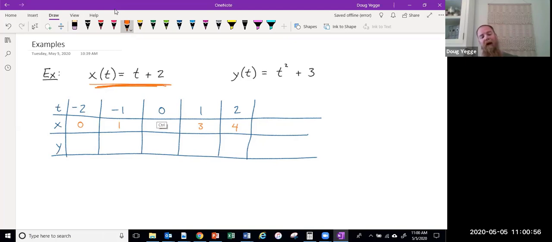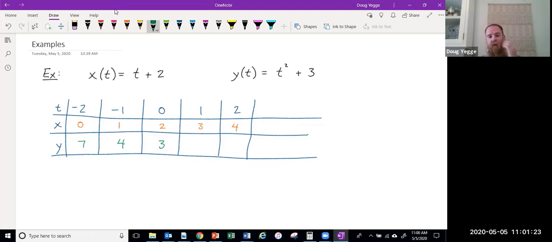Now we see that the y coordinates are going to be dependent separately on t as well. So now if I look at the certain t coordinates here, it's saying to square the t, then add 3. So square -2 to get 4, add 3 to get 7. Square -1 to get 1, add 3 to get 4. Square 0 to get 0, add 3 to get 3.